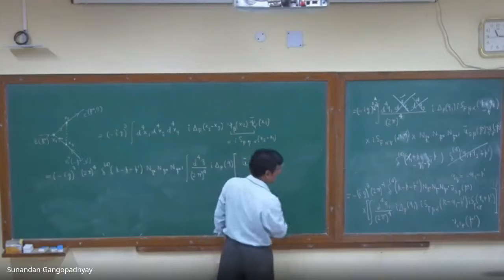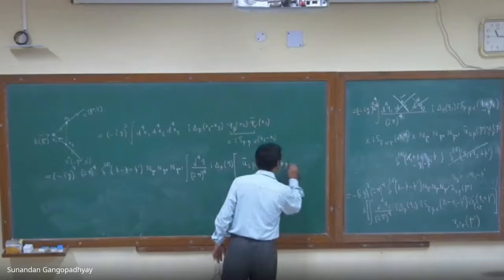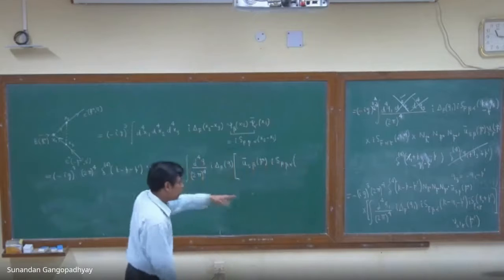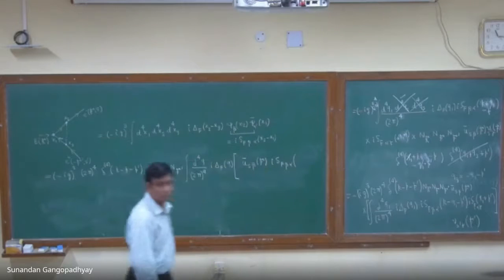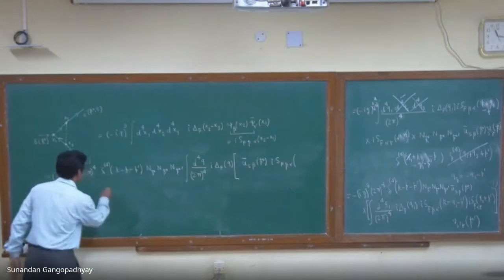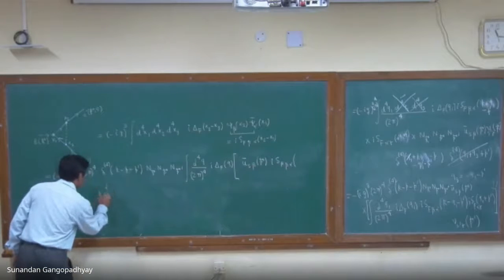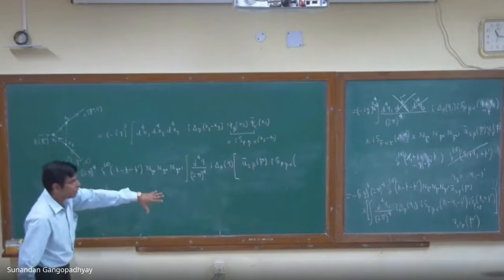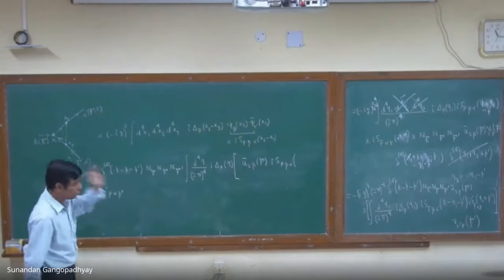Now I have SF, beta, alpha. Now here I should do one thing. First of all, Q1 is Q, right? And K is basically P plus P prime, right? So you can keep it in that form. It is not necessary to do this.